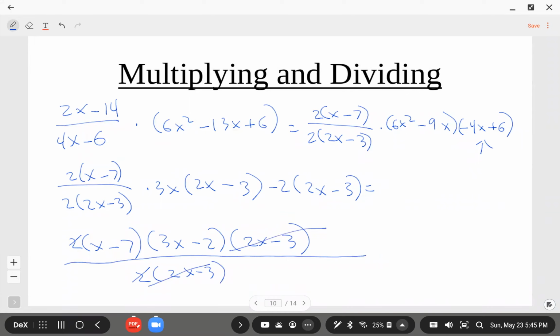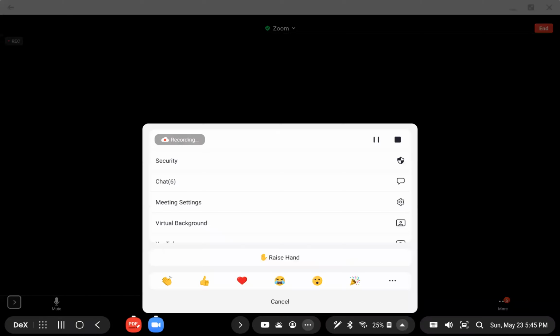Then we just have x minus 7 times 3x minus 2, a nice little factored form of the quadratic expression. All right, we're done here.